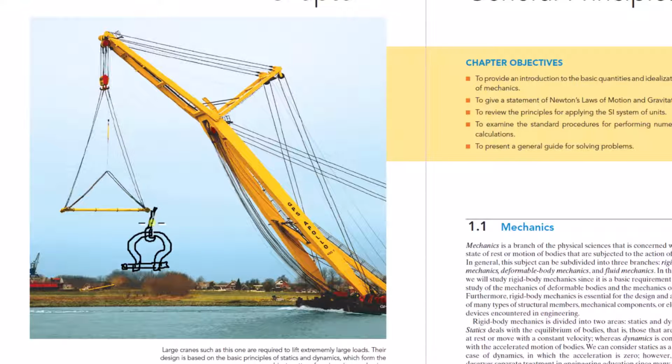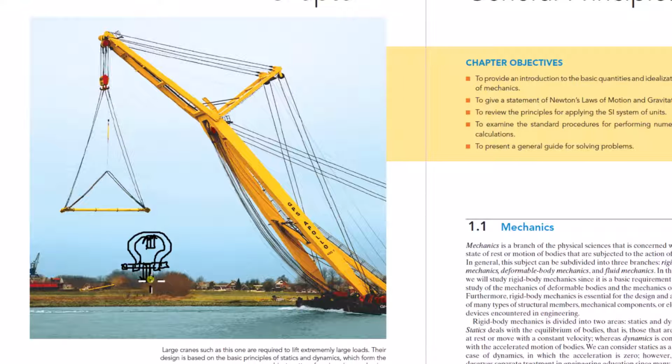If you take away this hook and put a force here to represent the force from the hook on the shackle, maybe you do need to put this as a distributed load, because the area in relation to the size of the shackle might not be small enough, or maybe it is. It just depends. Maybe the force on the pin here needs to be a distributed load, or maybe you don't.